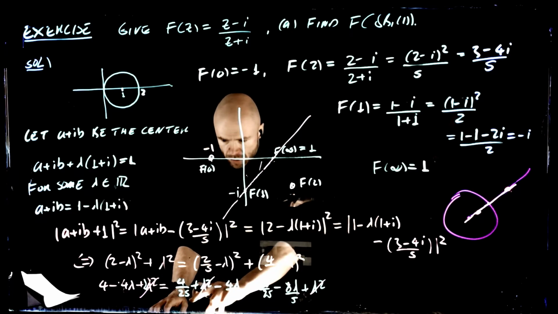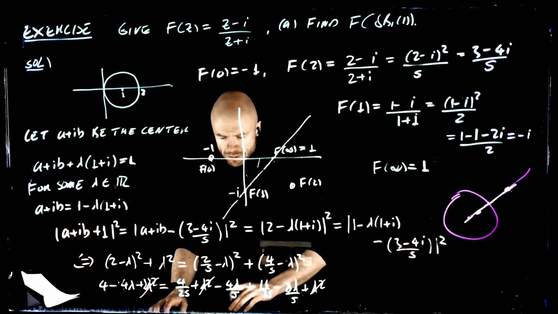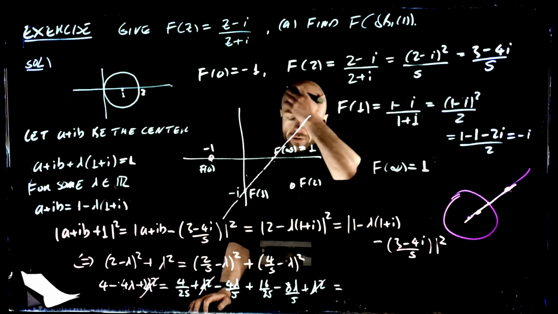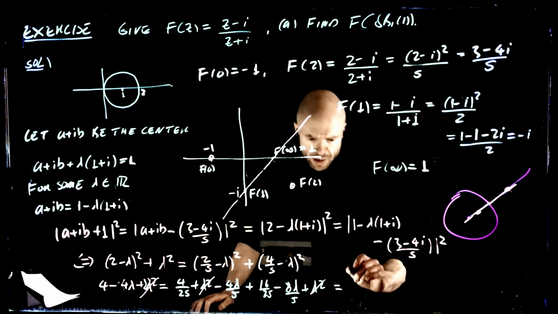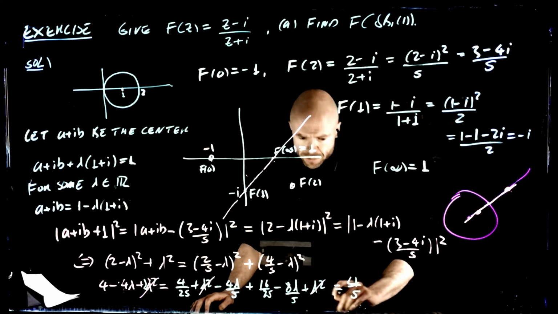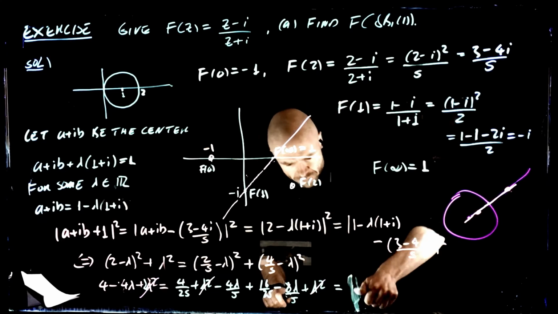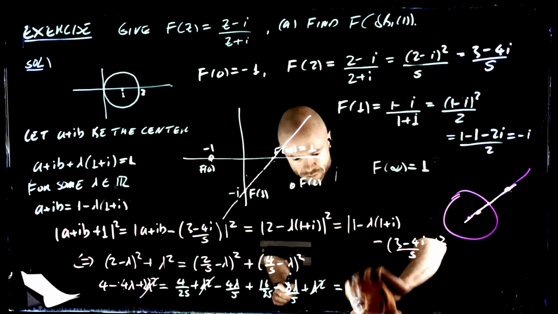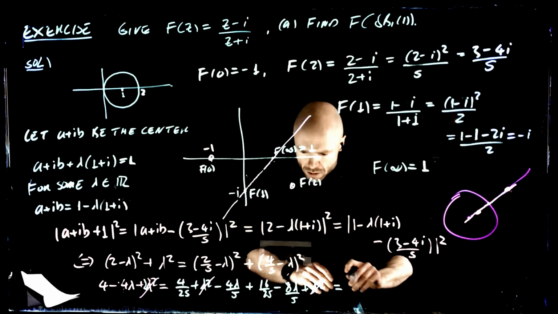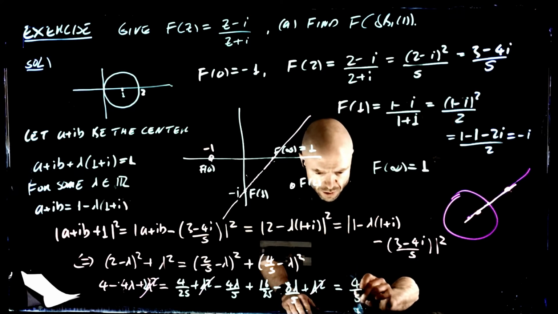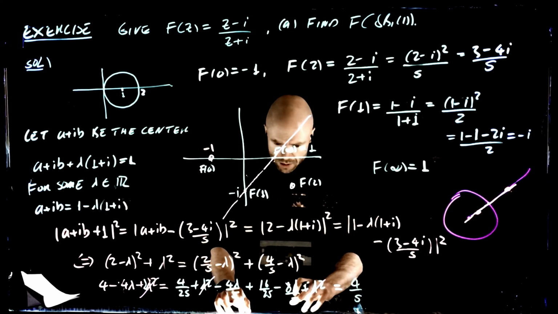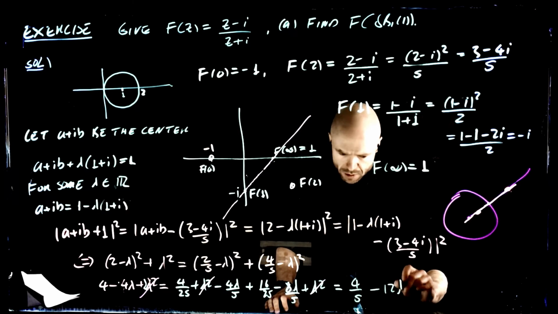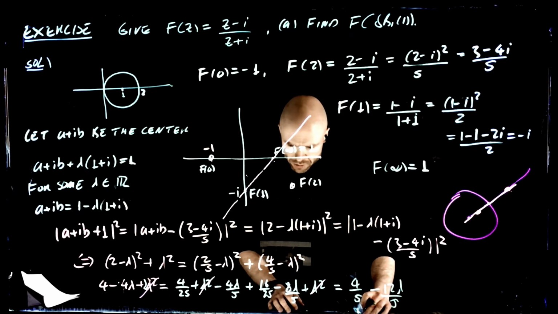Okay, so the 16 plus 4 now becomes 20, so it becomes 20 over 25. So then 20 over 25 is 4 over 5, right? So we have 4 over 5 from adding these things together. And then from this thing, we're going to have minus 12 lambda over 5.